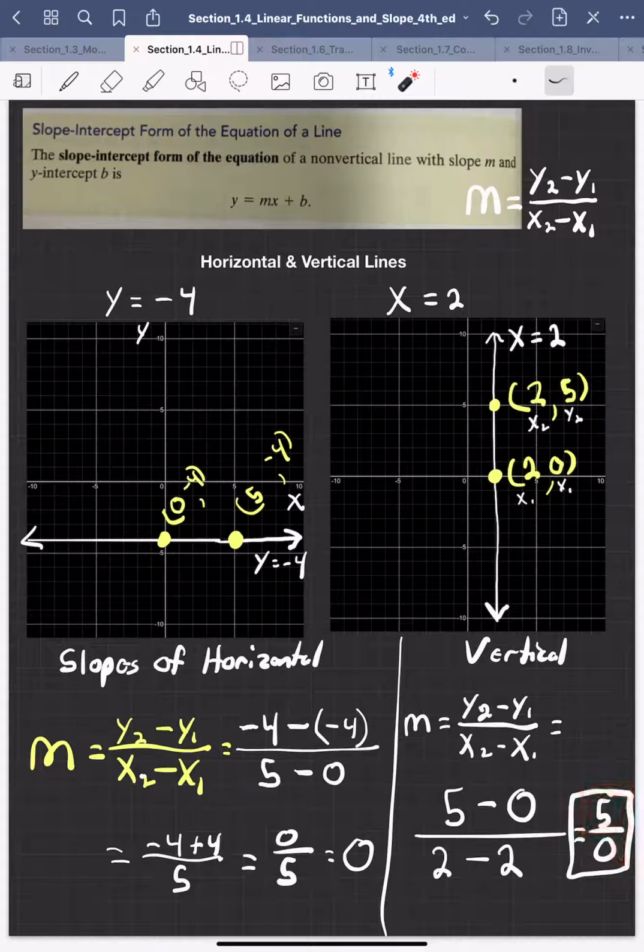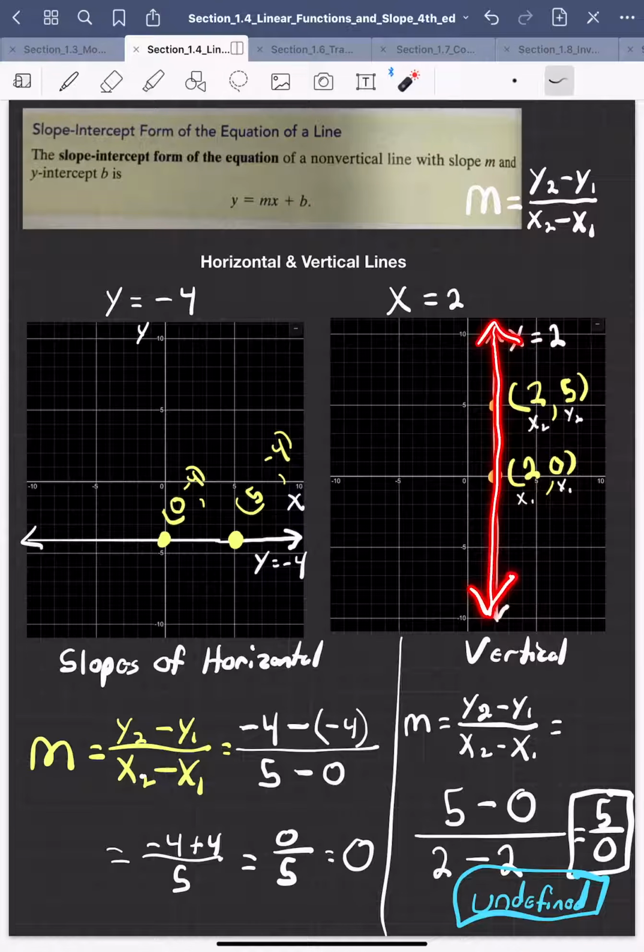So the division by 0 is undefined. So the statement that we're going to make is all vertical lines have an undefined slope.